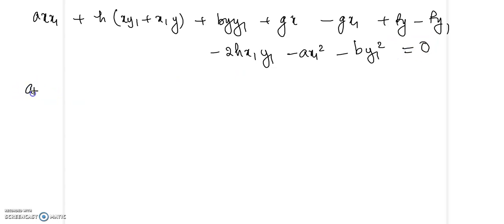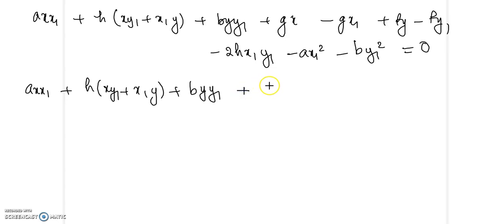So I can write it as a x x1 plus h xy1 plus x1y plus b y y1 plus, now I am going to write in the form g x plus x1 plus f y plus y1.